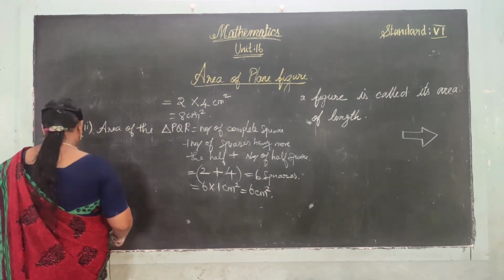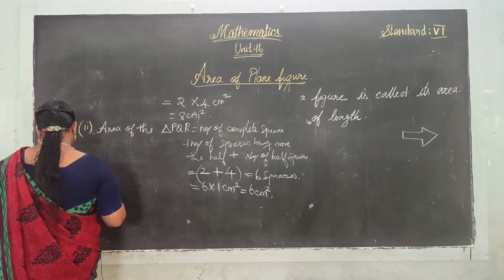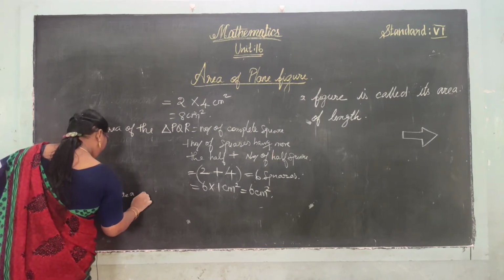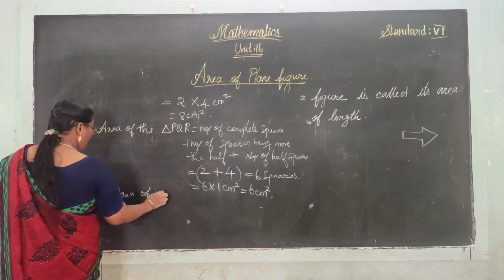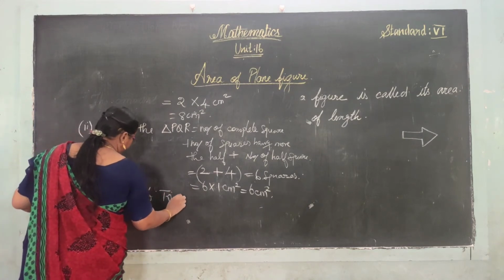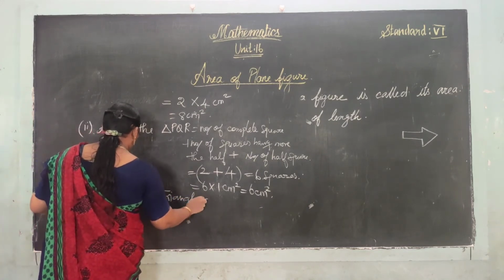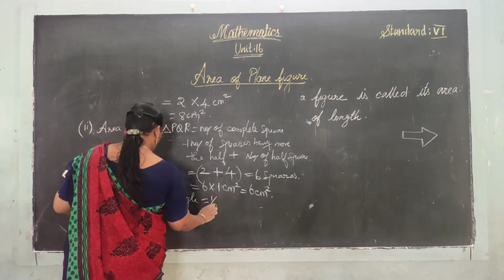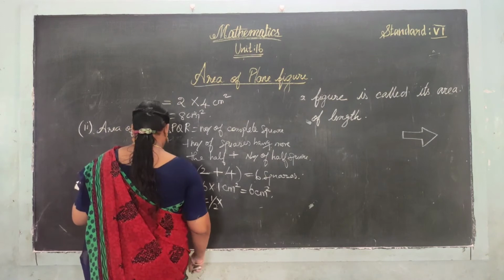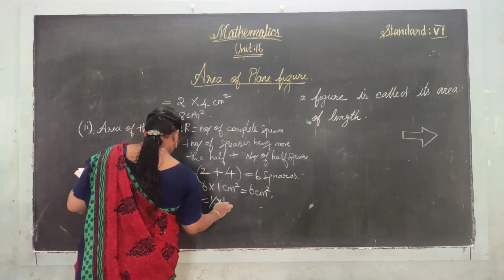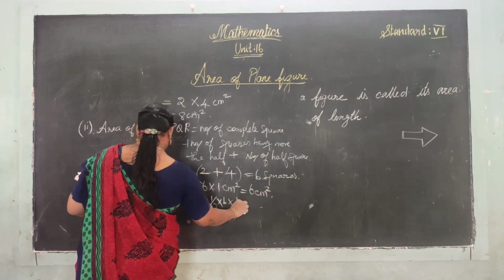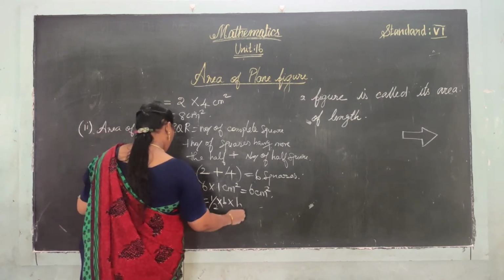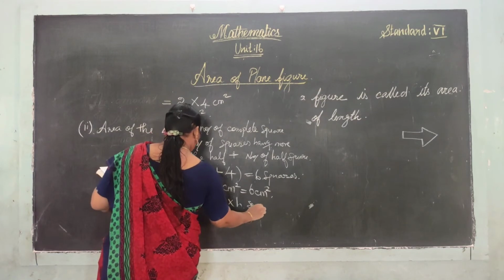Now using the formula, area of triangle is equal to, what is the formula? Half into base into height square units.